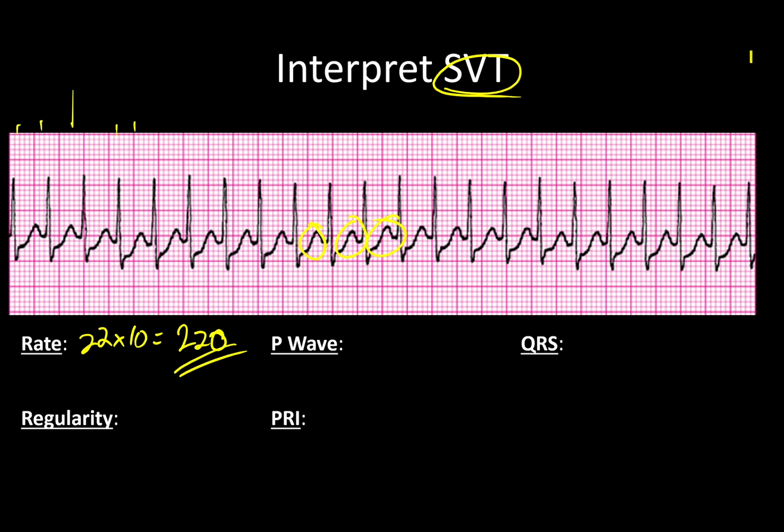They kind of blend together, so that it's impossible for me to tell, is this a fib? Is it a flutter? Is it just sinus tach that's going way too fast? I can't tell any of those things for certain, so I have to just call this SVT, which is fine because treating the patient with a high heart rate, that's what matters, and we'll talk about that in the next slide. But just keep in mind this is that hallmark, that it's fast and that you really can't find your P waves at all.